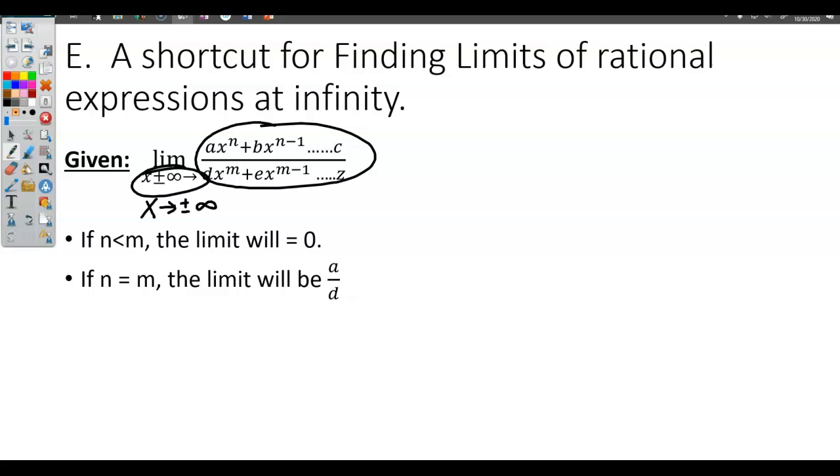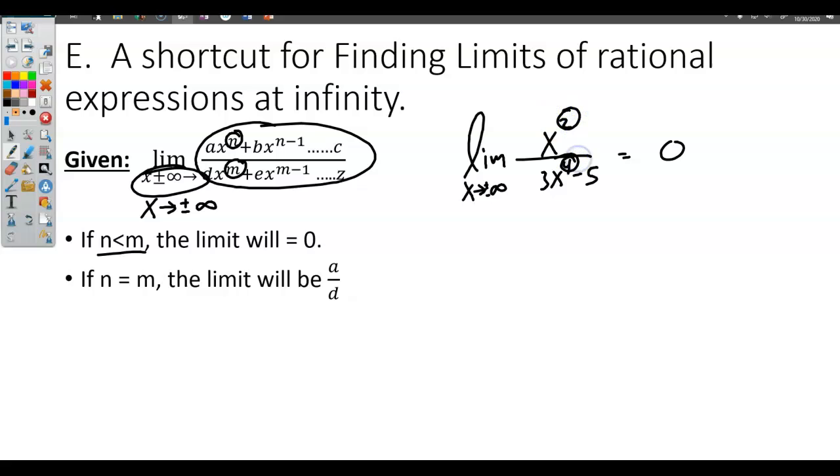Here it is. If the biggest power on the top is smaller than the biggest power on the bottom, the limit will always be 0. So for instance, if I gave you guys this, and you wanted to find the limit of that as x approached either positive infinity or negative infinity, it has to come out to be 0, because this power is less than this power.